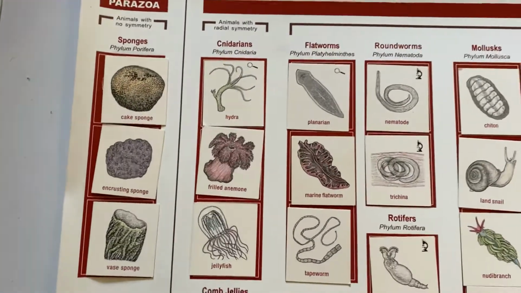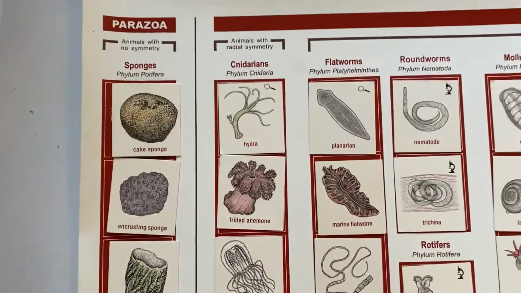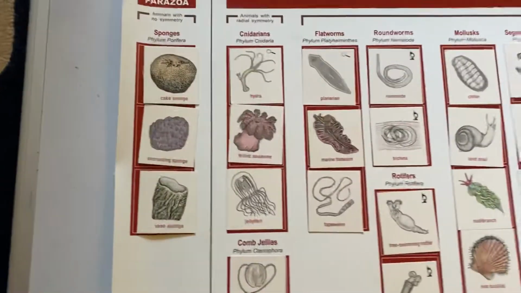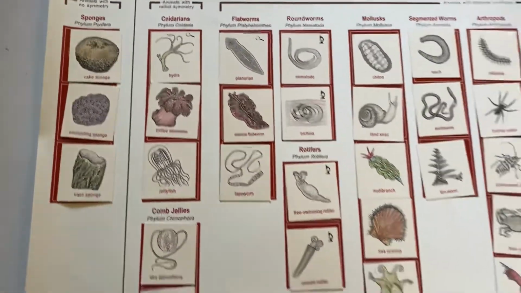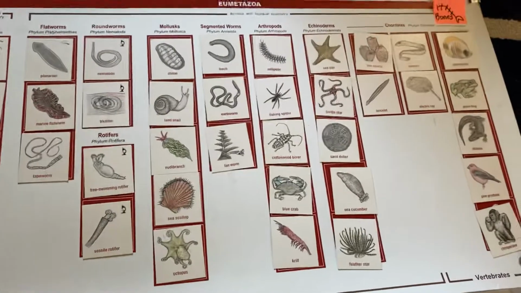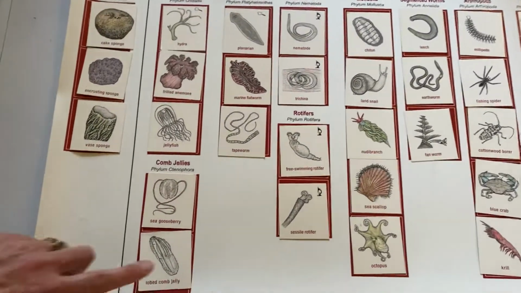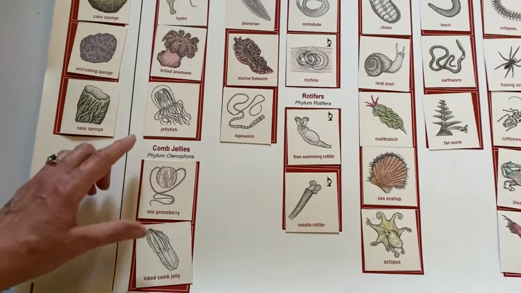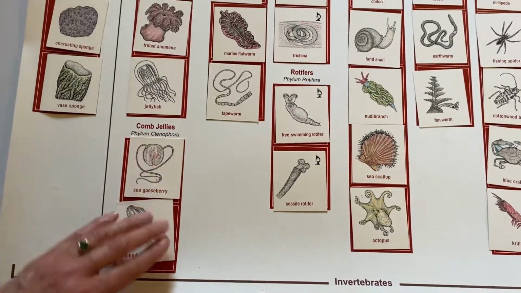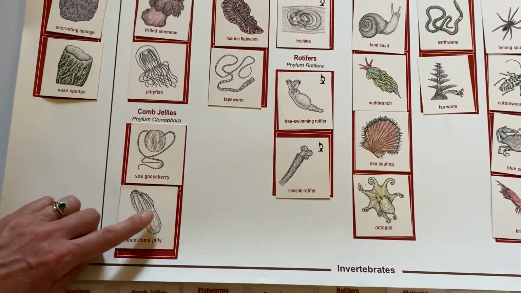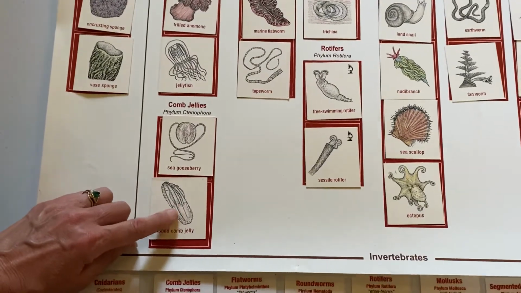So sponges come in three different types. So what we're going to do is we're just going to start on this chart on this side, and we're going to actually learn about every single one of these creatures as we go across. Now, what you should know about each of these creatures, so for example, the two kinds of comb jellies, is that this creature is not the only creature in the group.